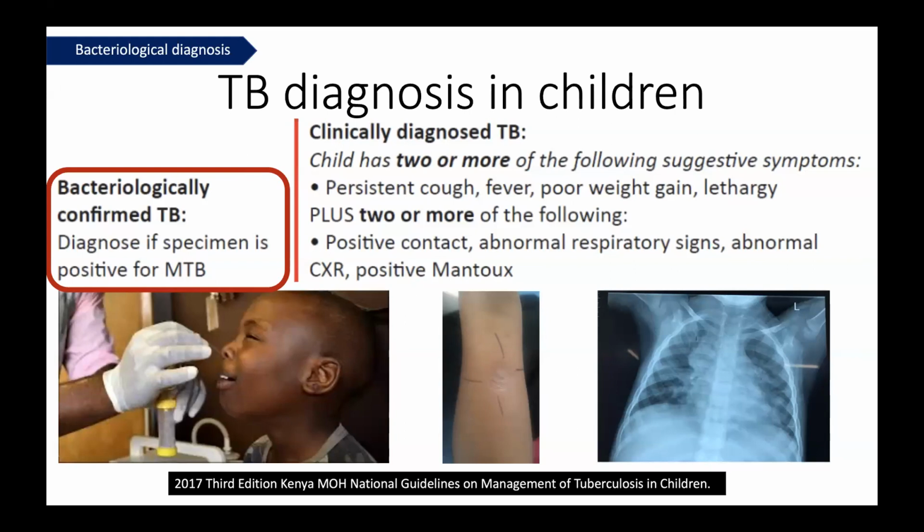So I would urge all of us, as we take care of our children, to have a high index of suspicion for tuberculosis in the children whom we care for. Strive for that bacteriological diagnosis, treat clinically. If not responding as you had expected, refer in a timely manner.